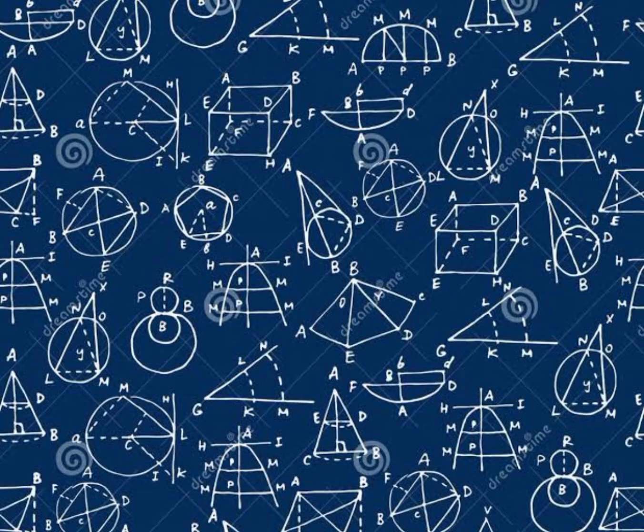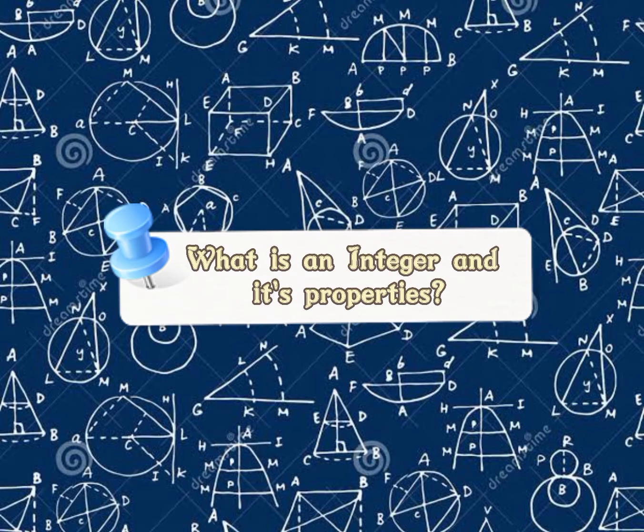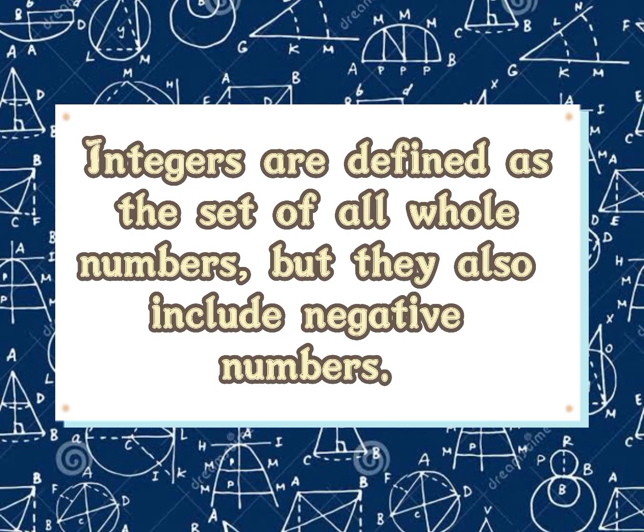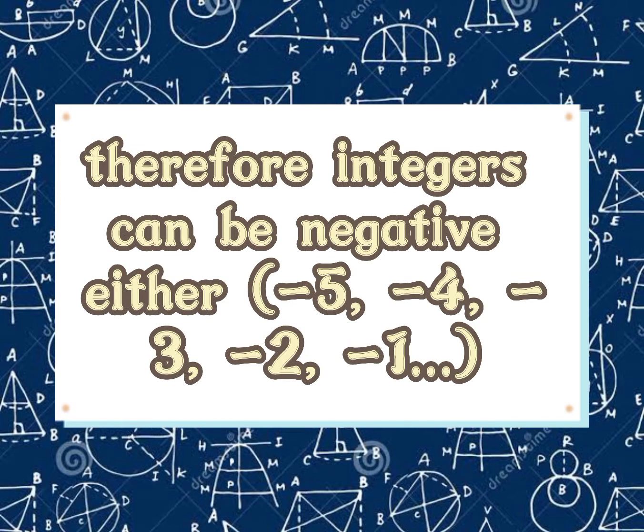In this video, we will be discussing the integers and its properties. Integers are defined as the set of all whole numbers, but they also include negative numbers. Therefore, integers can be negative, either negative 5, negative 4, negative 3, negative 2, and negative 1.